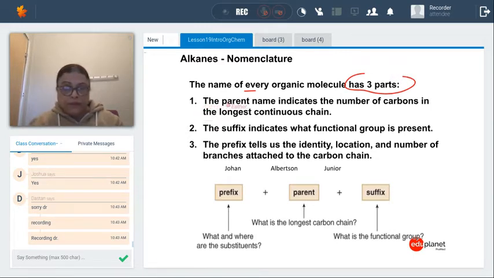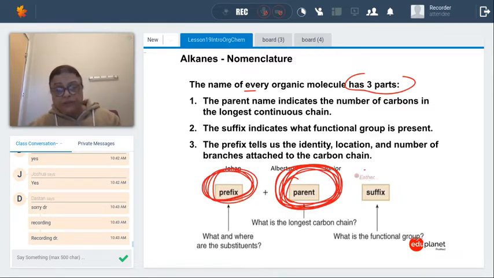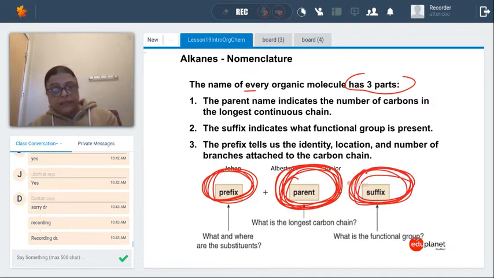So every organic molecule has a name, and every name has 3 parts. The first part is telling you the parent, the longest straight chain that you have. The prefix is telling you the substituents, and the suffix is telling you whether it is alkane, alkene, alcohol, ketone, whatever.